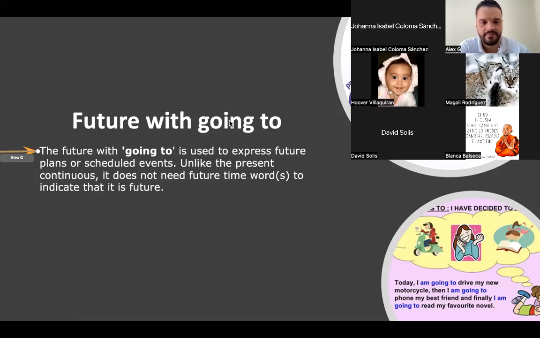Unlike the present continuous, it does not need future time words to indicate that it is future. Okay, so no future time words, no time expressions. We can just use going to. Down here, we have some examples.